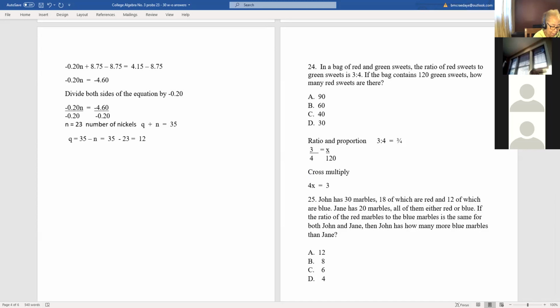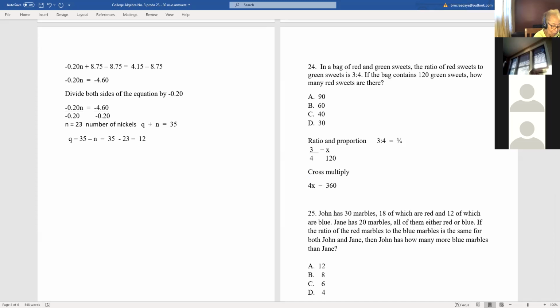That's right. And what's your next step? You're going to divide both sides by 4. Very good. Divide both sides of the equation by 4.